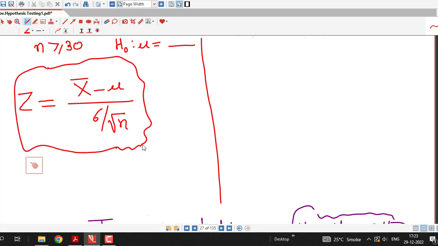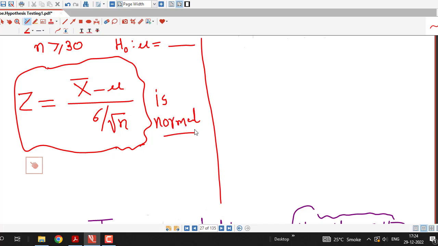If we have a single population and a sample which is large enough, and we are given population mean mu and standard deviation sigma, then this z given by the formula x bar minus mu divided by sigma over square root of n is approximately normal.